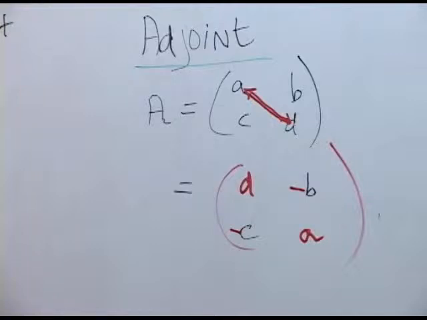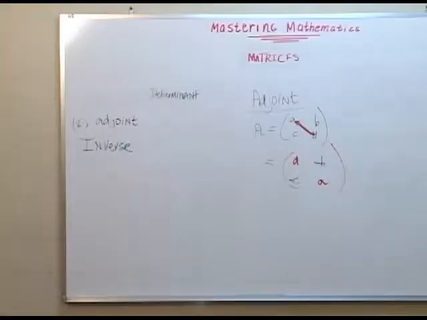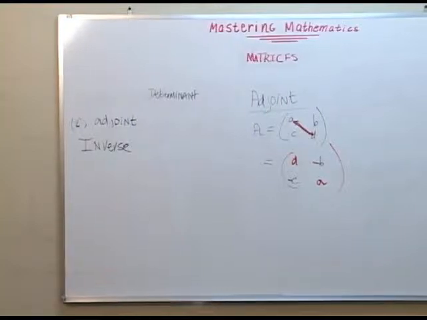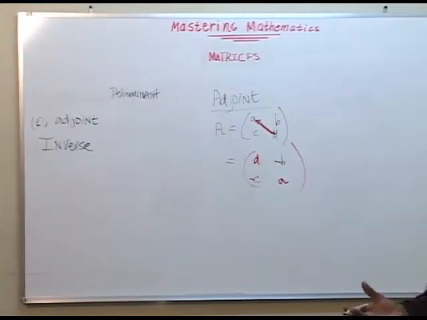So you're going to see negative B, negative C. All right, so in terms of finding the adjoint, it will then be saying change the places for our A and our D and leave our B and C where they are, but change the signs. And that is the adjoint.